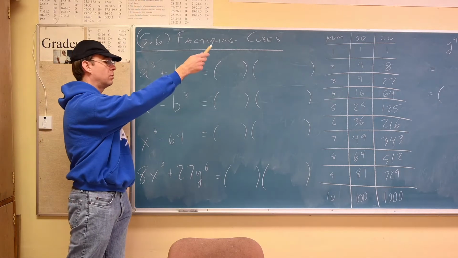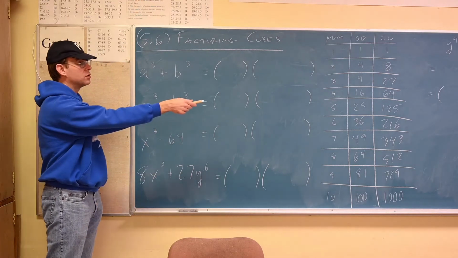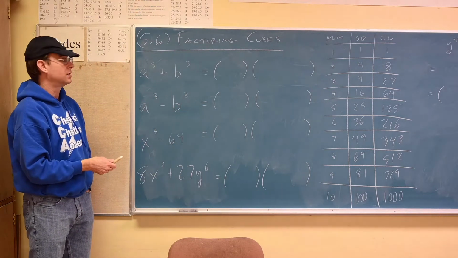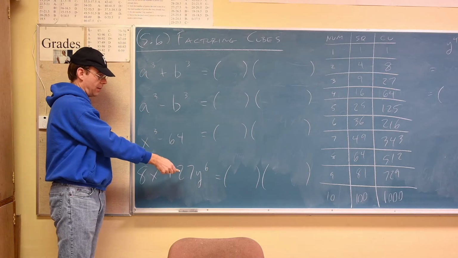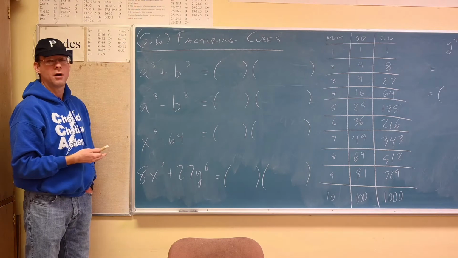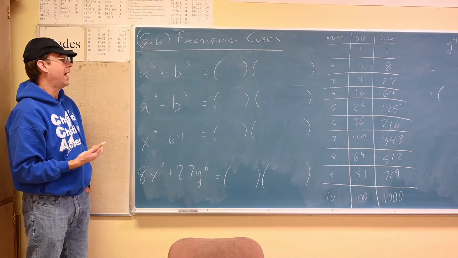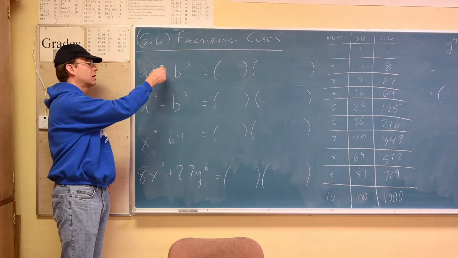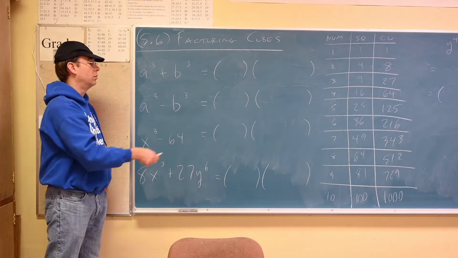So if we have our cube list copied down, 64, 8, 27, those are all numbers that were on the cube list. So you know you have a cube problem when powers can be divided by 3 and the numbers are on the cube list. I'm not writing that down. You might want to write that down if you don't think you can remember that. Again, cube problems have powers that can divide by 3, and they have numbers that are on our cube list.